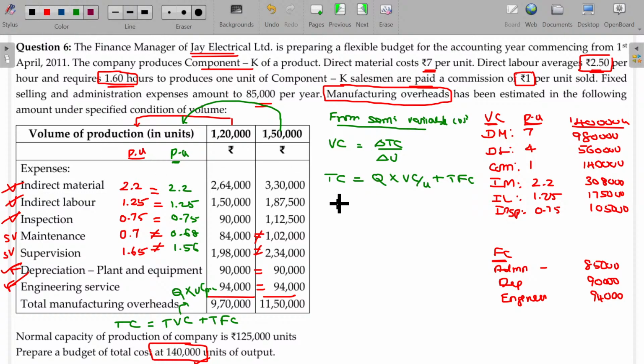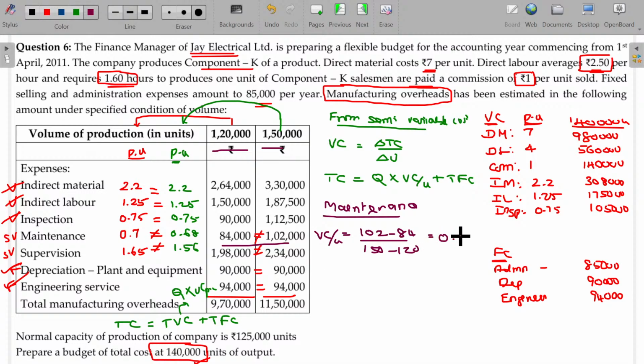Now let's try to calculate or break the cost for maintenance. Maintenance. Change in total cost being 102 minus 84 in thousands divided by units being 150 minus 120. Come on, get me the variable cost per unit. 0.6.